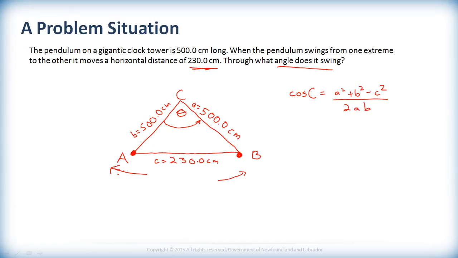Then we have to fill in the details for that. So it's cosine theta, which is what angle C is here. That's going to be equal to a squared, which I'm just going to write as 500 squared, plus b squared, which is going to be another 500 squared, minus c squared, so 230 squared, all divided by 2ab, so that's 2 times 500 and another 500.